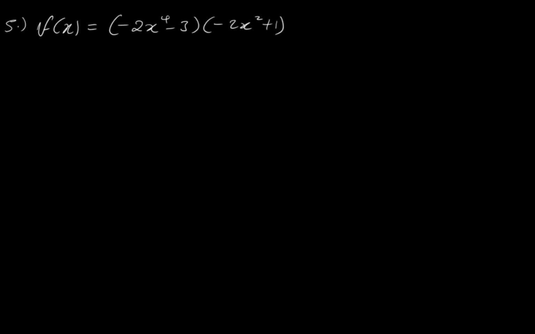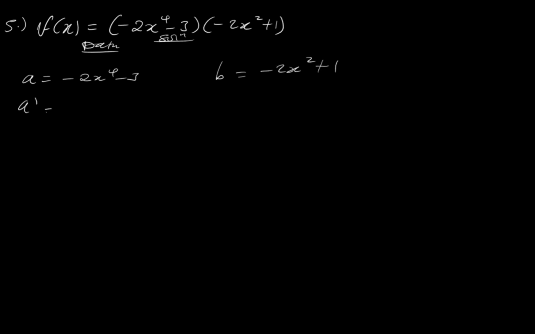So identify a and b. In my solution, I have to look for a. A is going to be the first function, the expression, which is minus 2x to the fourth minus 3. Then b will be the second one, which is minus 2x squared plus 1.